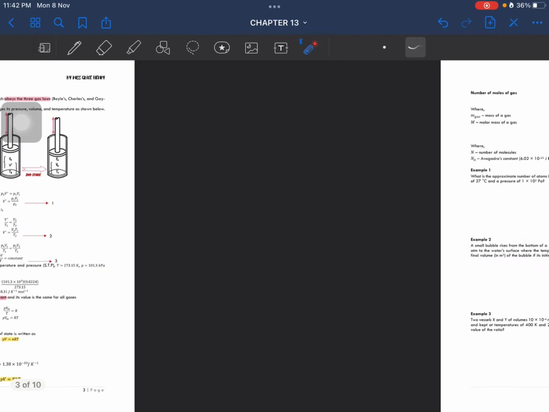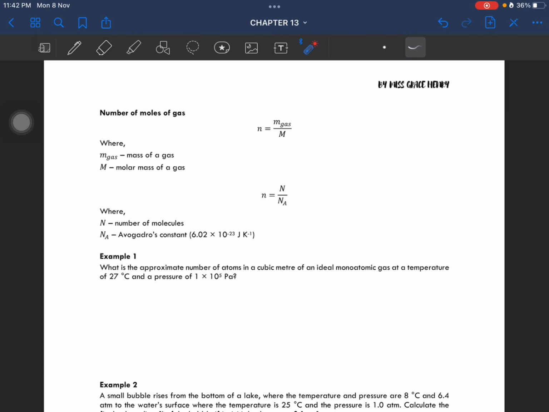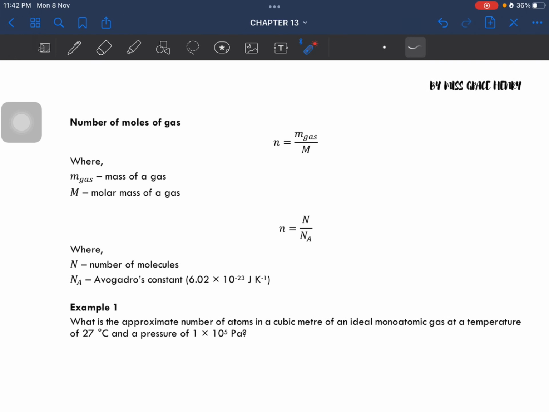The number of moles of gas, we can calculate using these two formulas here. m of gas is the mass of the gas, and capital M is the molar mass of the gas. This is also Mr. If you see Mr in the question, this is the molar mass of the gas.